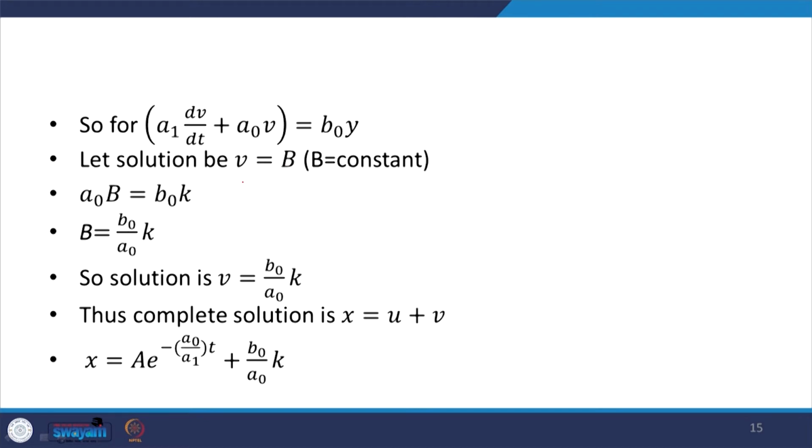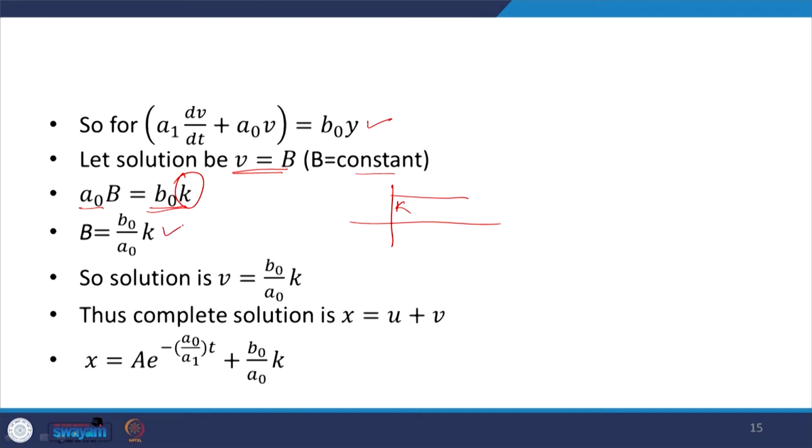If I do that, this is my equation. As I said, I can assume some solution for that, say v is equal to b, which is a constant. If I substitute it over here, this term will become 0 because I am taking b as a constant. So, a0 b is basically b0 into k, where k is the step size of the input.